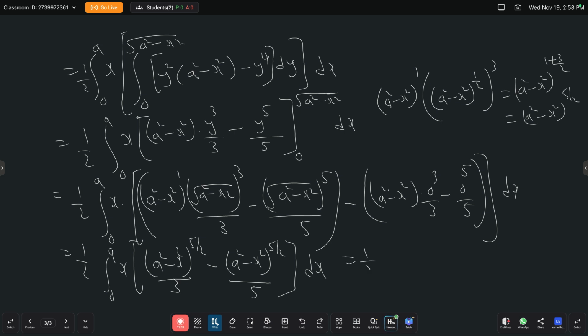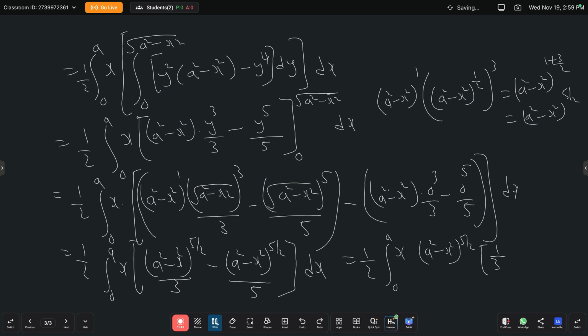So this is 1 by 2 into integral 0 to a, x into a square minus x square whole to the power 5 by 2, into, from the first one we can take a common a square minus x square power 5 by 2. So what is remaining? 1 by 3 is remaining.